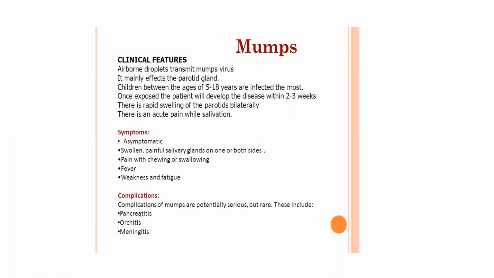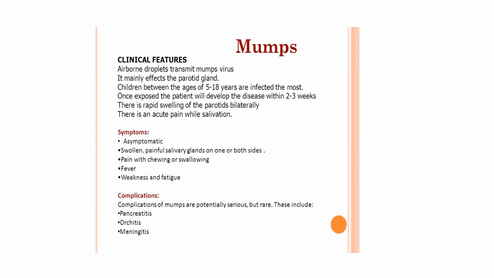Here the testis becomes swollen and acutely painful, with accompanying fever and chills. Orchitis is usually unilateral, but when it is bilateral and followed by testicular atrophy, then sterility or low sperm counts may result.